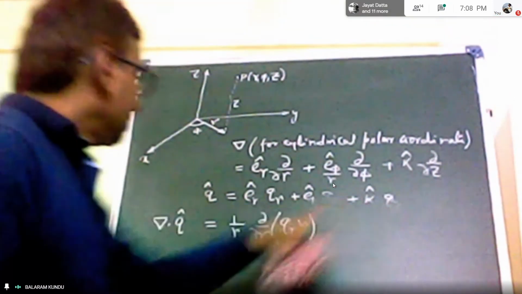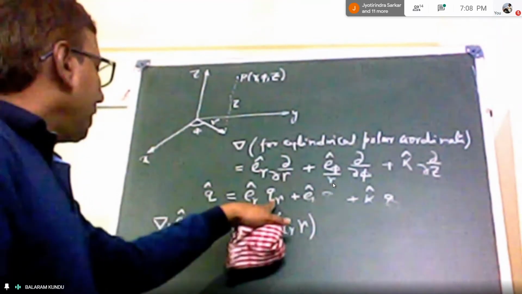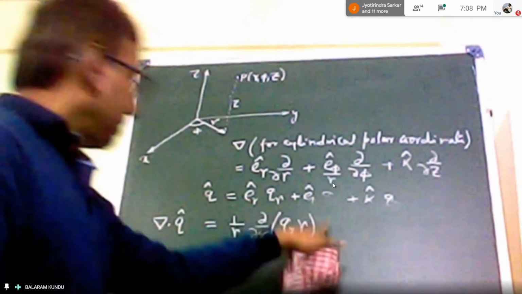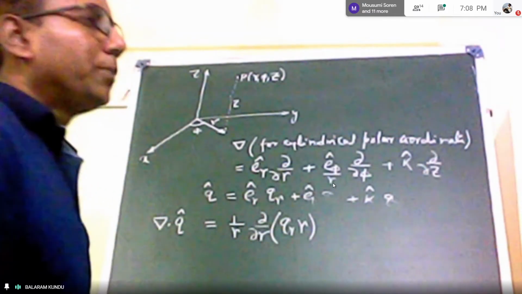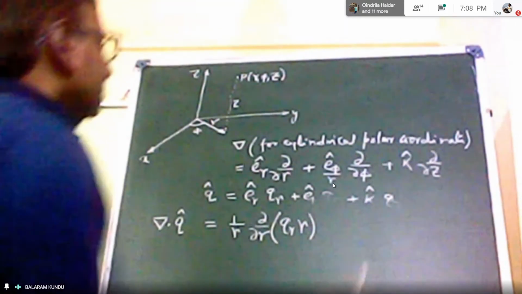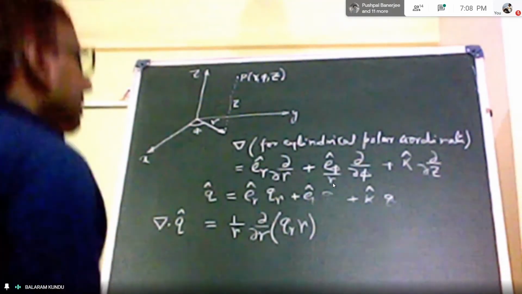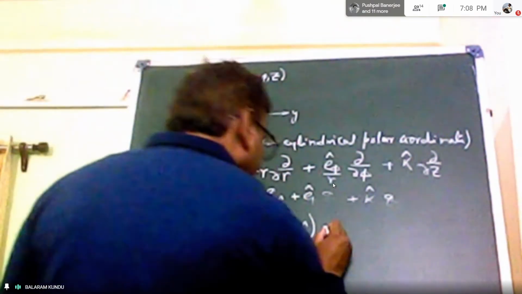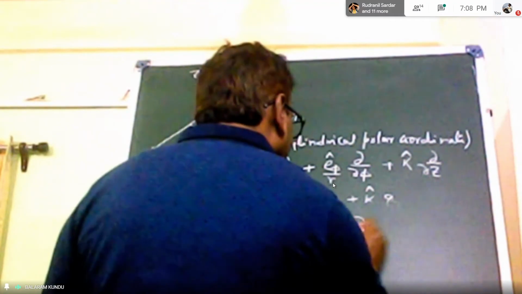The first part is associated with the component of heat flux qr. Then the second term will be associated with the component of heat flux q phi, and the third term will be associated with the component of heat flux in the z direction. So therefore here we can write this.